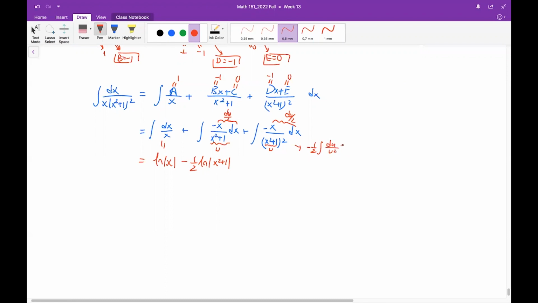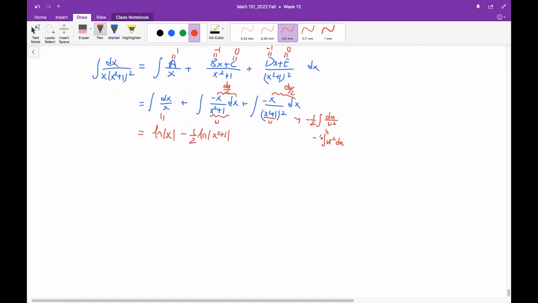How do you integrate it? 1 over 2. So this is in fact u to the power -2 du, right? And this is a power function, and you know how to integrate it. -1 over 2, add 1 to the power, divide by the same power.